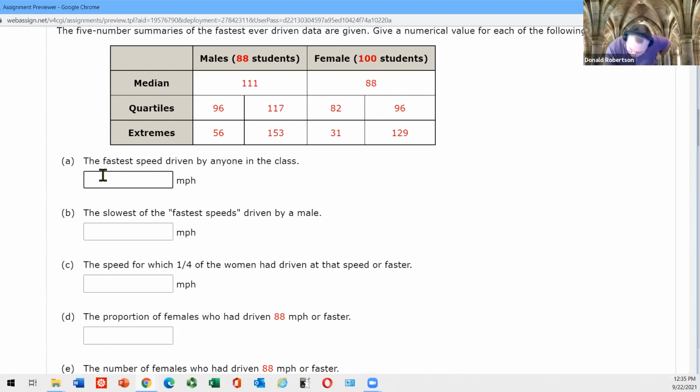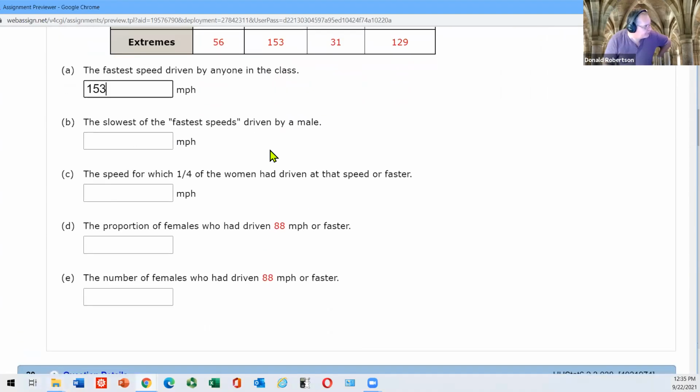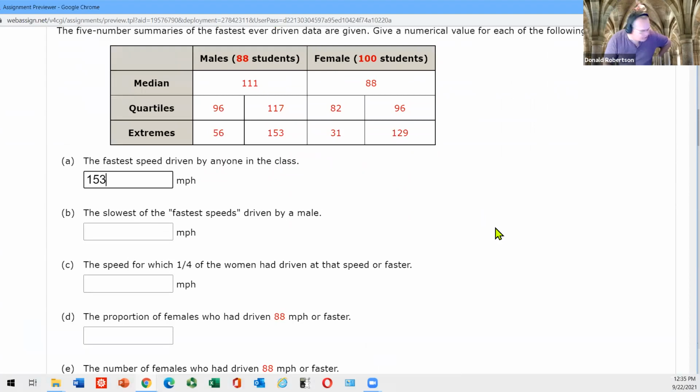It was a guy that did it. The slowest of the fast, God, that's bad English. The slowest of the fastest speeds was this one. That was weird English, but that's what they want.